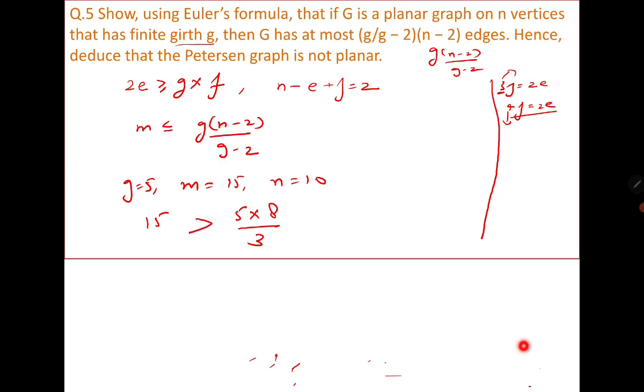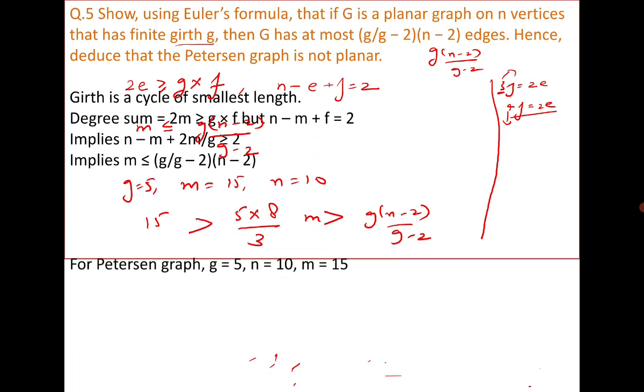So clearly m is greater than g(n minus 2) by (g minus 2), and therefore the Petersen graph is non-planar, which we already know from the Kuratowski theorem. So this is one more result which is based on the Euler formula.